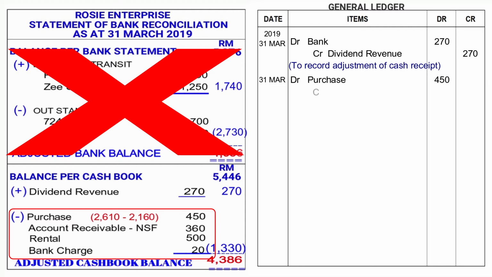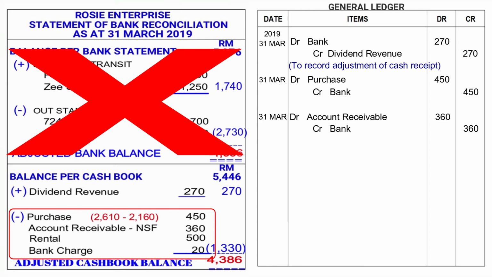And then bank, write it down in the credit column 450 ringgit. Next, account receivable 360 ringgit. And bank 360 ringgit in credit column.